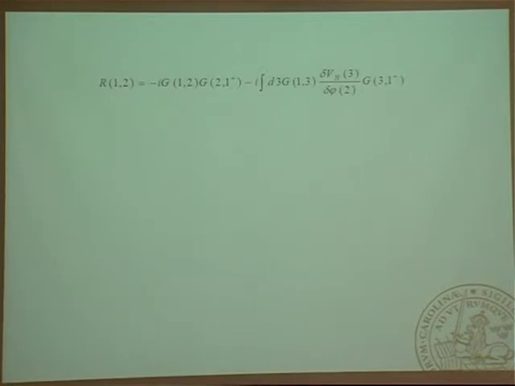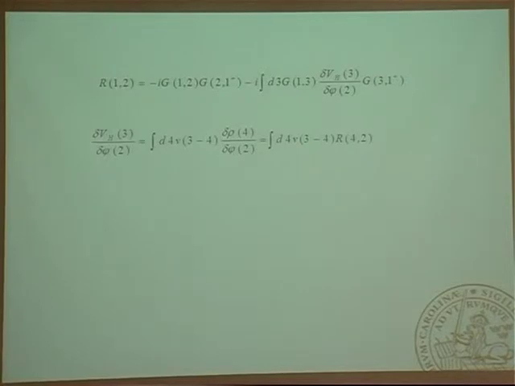So now I can rewrite the change in the Hartree potential with respect to the field, because we know that the Hartree potential is just V times the density integrated over this variable. And this, by definition, is the response function.